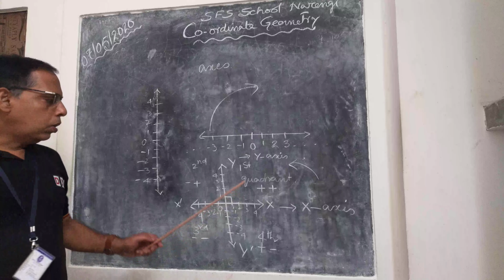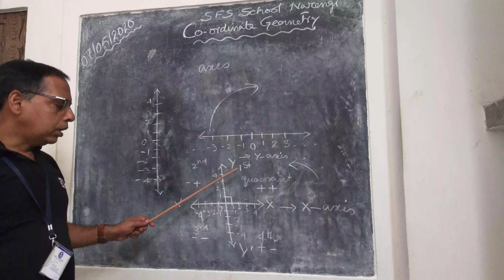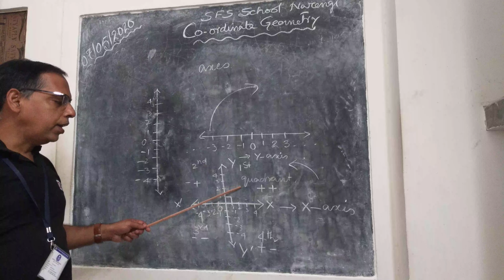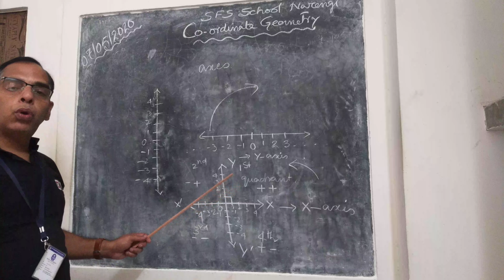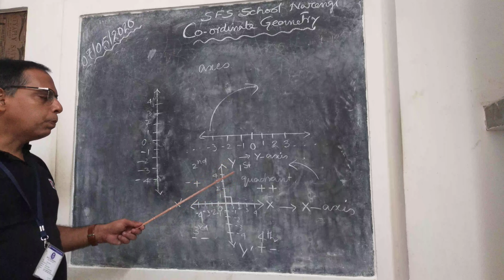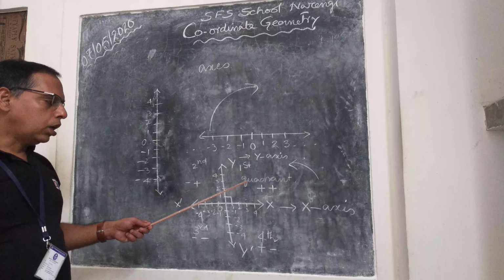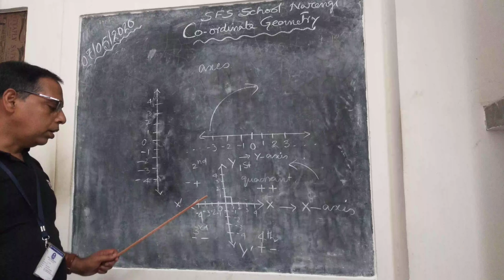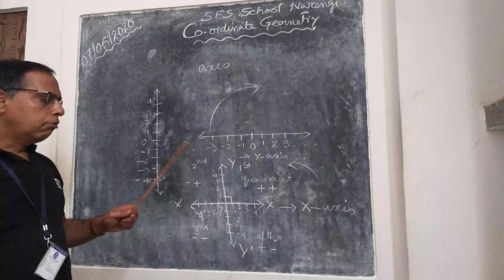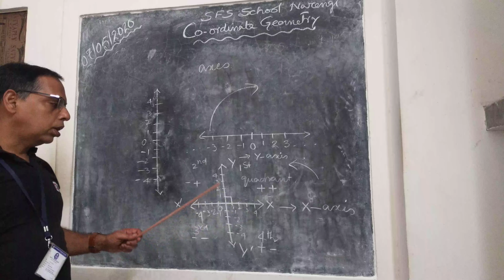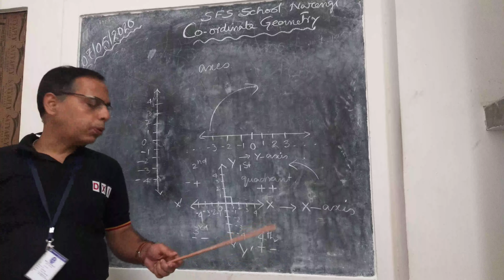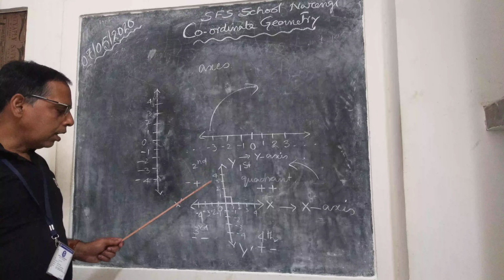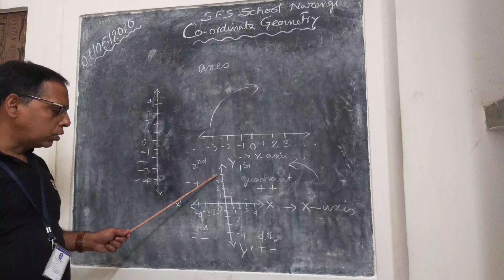Then I told you that it is two-dimensional and it is a plane, so it divides the plane into four parts, and each part is known as a quadrant. There is a first quadrant, second quadrant, third quadrant, fourth quadrant. The first quadrant is always positive: x is positive, y is positive. Second quadrant, x is negative, y is positive.